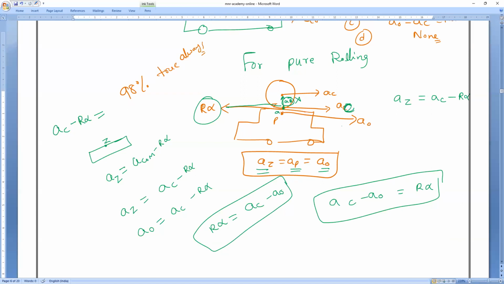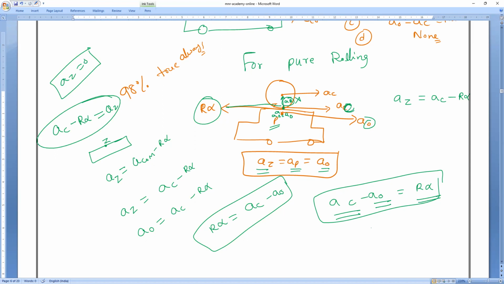What is that point? Point P, acceleration of point P, which is equal to A naught. AZ is equal to A naught. So in place of 0, I will write AZ. If you replace it, we all know AZ is equal to 0. You will get centripetal acceleration minus acceleration of the platform is equal to tangential acceleration. That's all is the relation.